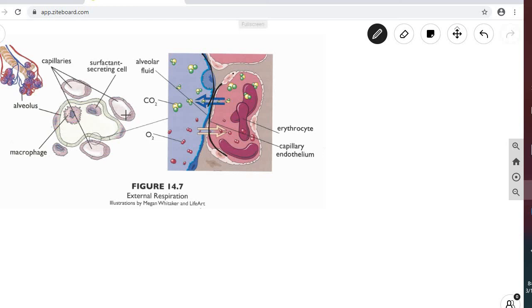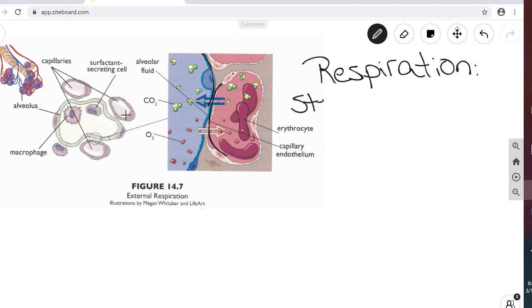This part of respiration is called external respiration. So step 1 of respiration is called external respiration.